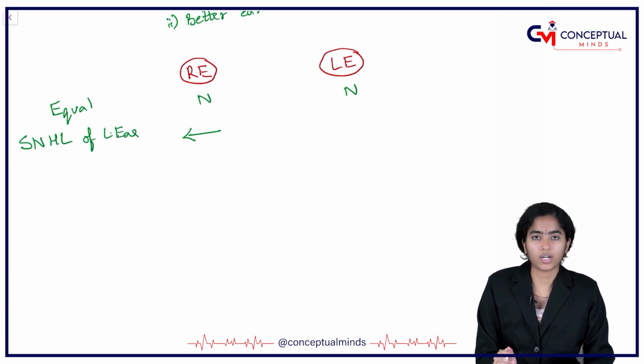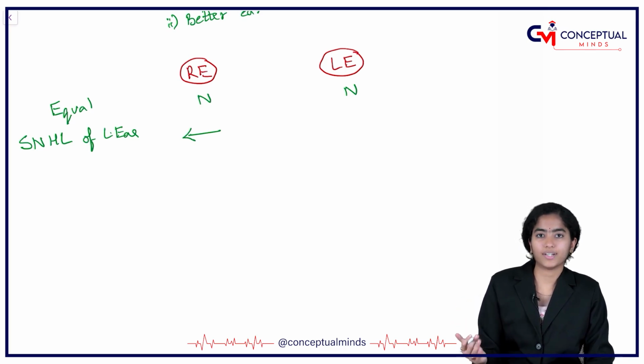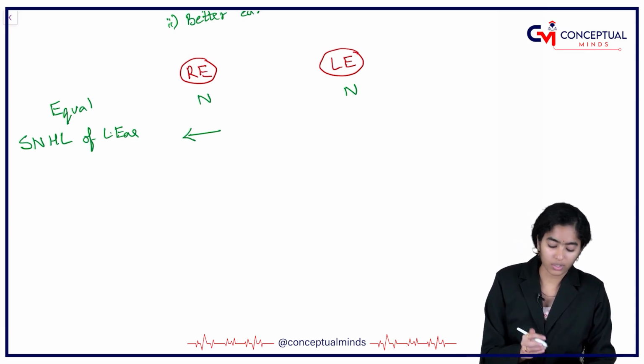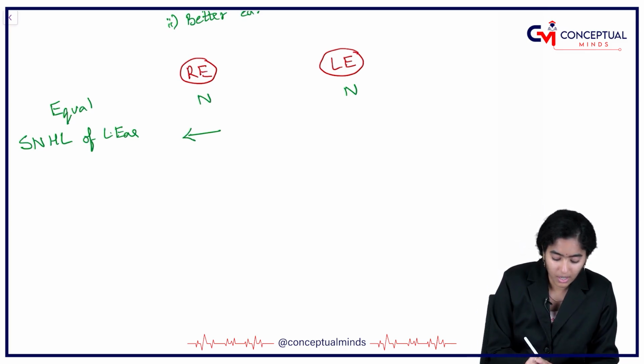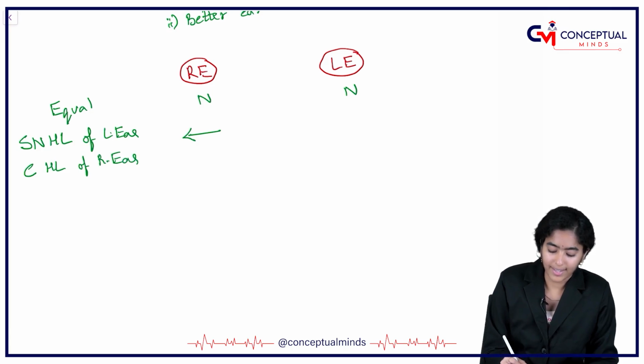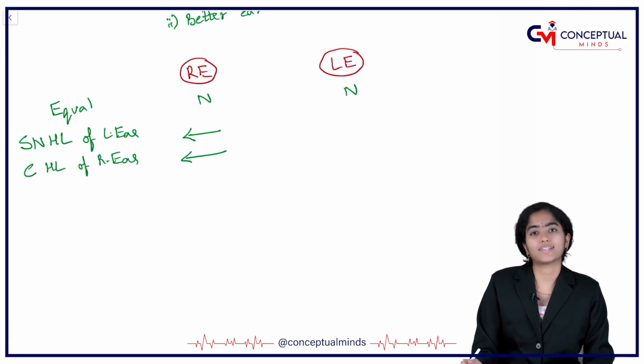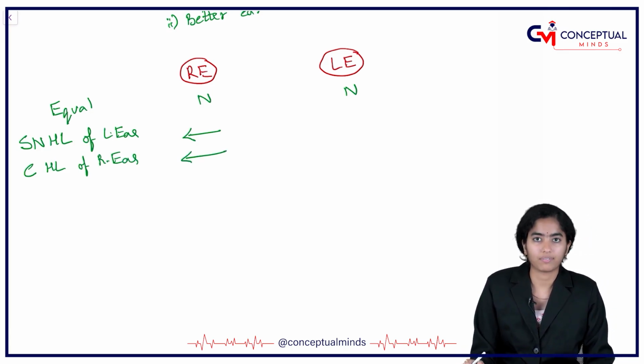We are checking for bone conduction and the left ear sensorineural component is not working, so automatically the sound is transmitted to the right ear. Or the patient is having conductive type of hearing loss of the right ear. Then also he says sound is lateralized to the right ear. Why?